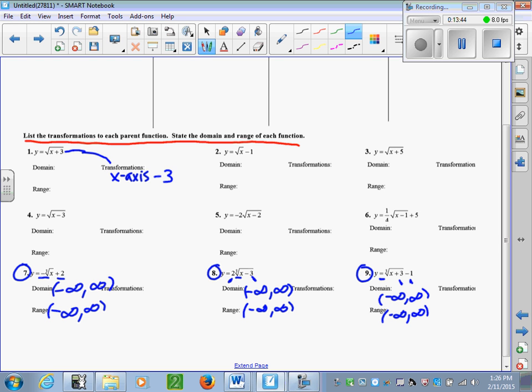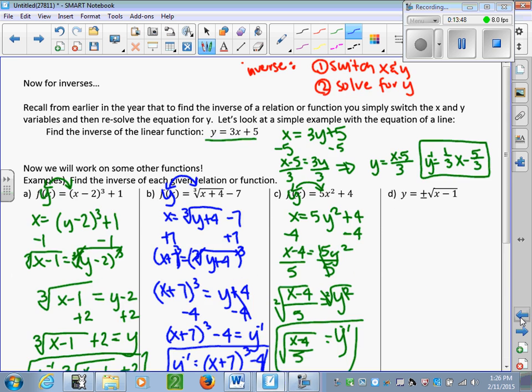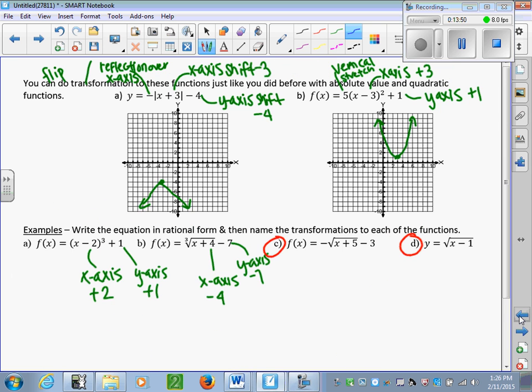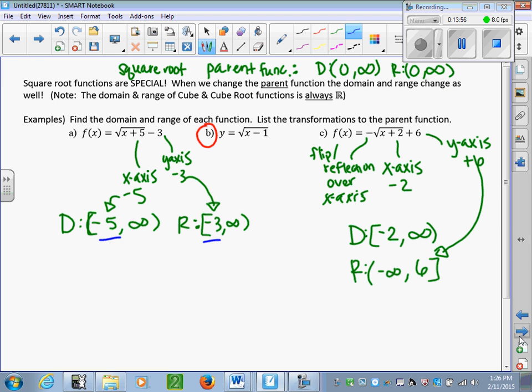Now remember, when we talked about x-axis shifts in square root functions, back on page 3 of your notes, notice how that x-axis shift changes my domain, how my y-axis shift changes my range.